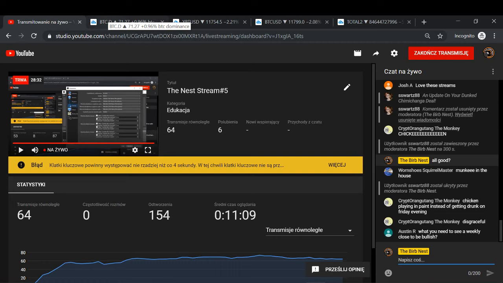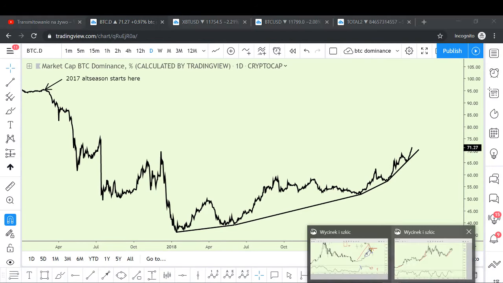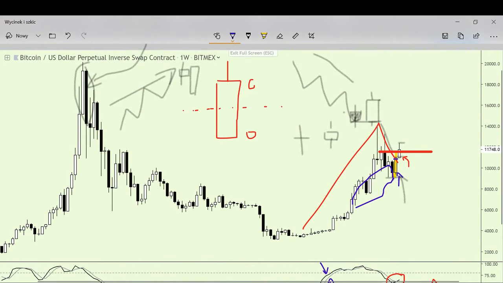What do you need to see on the weekly close to be bullish? Well, you can definitely rewind this stream because I covered that already, right? But I definitely want it to close above half of the distance, 50% here.